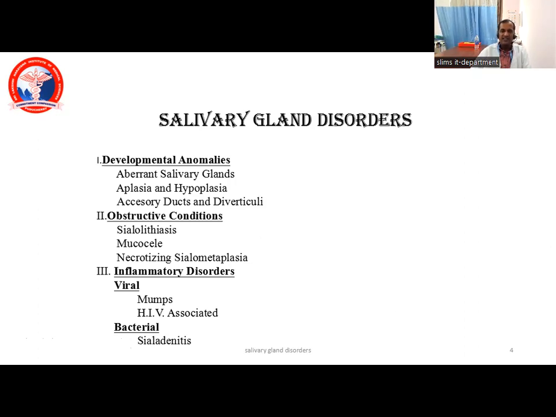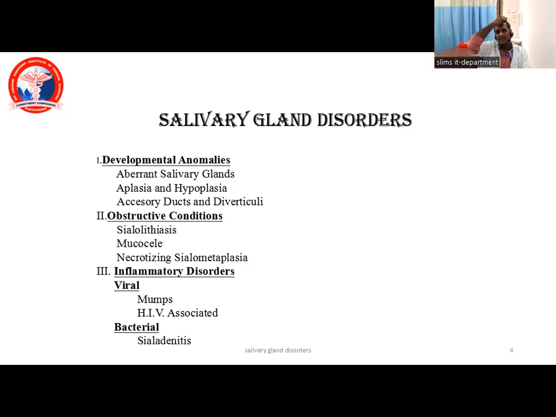That is any deformity during the development of the salivary glands. That is the developmental anomaly. One is the aberrant salivary glands. The second is the aplasia and hyperplasia. Third one is the accessory ducts. Now, this is regarding your developmental anomaly.